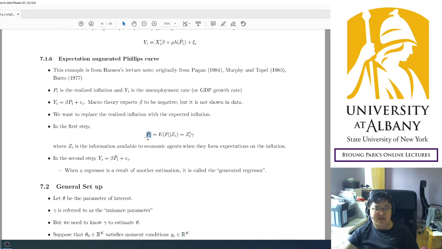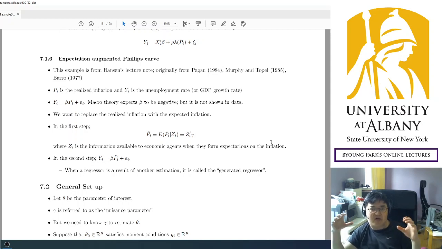Then using this expected inflation in the second stage, they estimated an augmented Phillips curve. Anyhow, the content itself is not important at this point, but think about their common structure. Often you have a certain final regression model, but you know that it is incomplete in some sense.